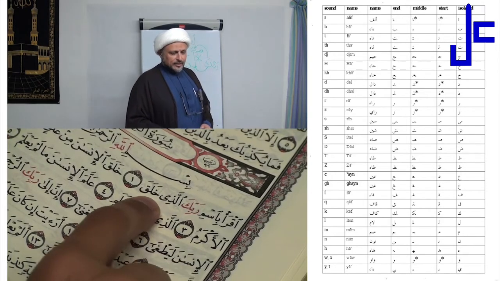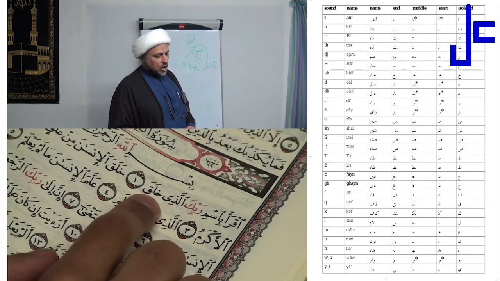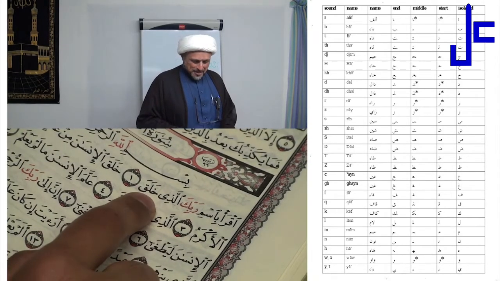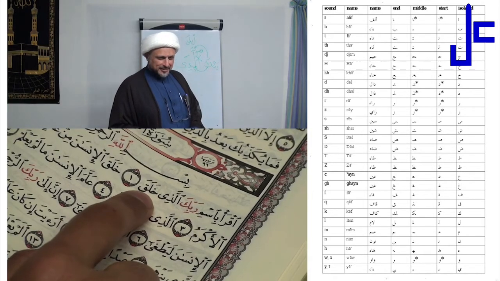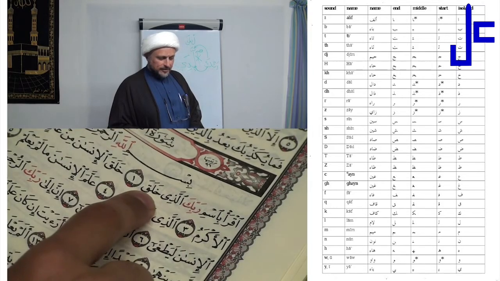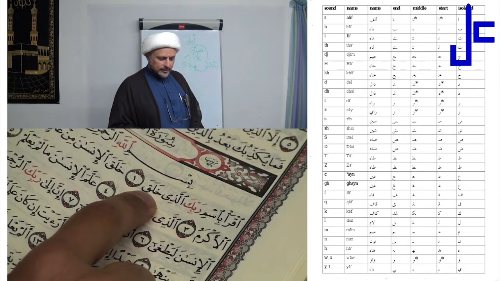Alladhi. Yes. And then there is a ha. No. It's a kha with a fatha. So it's going to be kha. Yes. And then lam. Yes. With a fatha. So it's la. Yes. Khala. Khala. Yes.